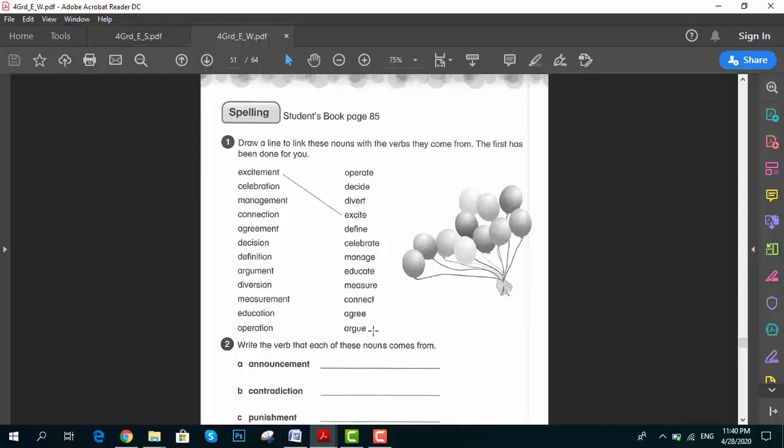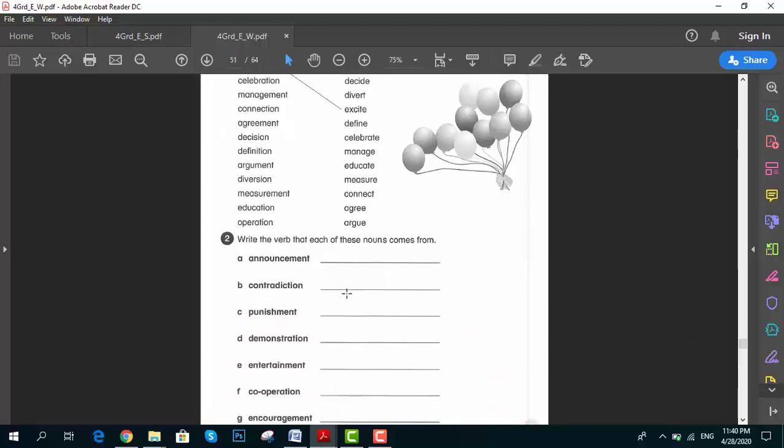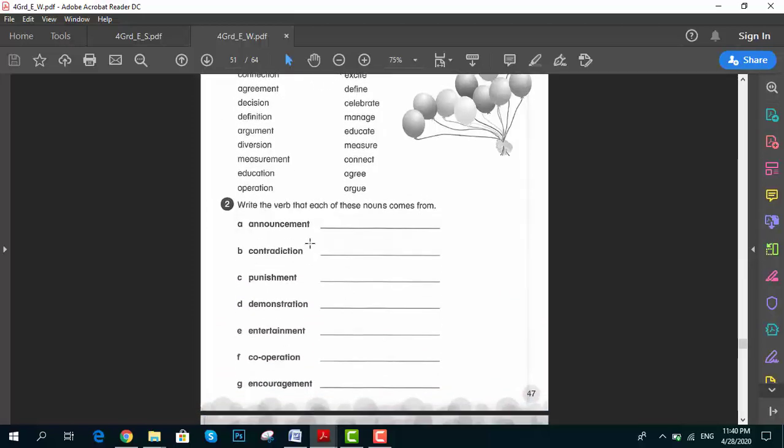Argument comes from the verb argue. Diversion comes from the verb divert. Measurement comes from the verb measure. Education with educate. Operation with operate. Here they say you should write the verb that these nouns come from. So announcement, we omit the last section ment, so it becomes announce.